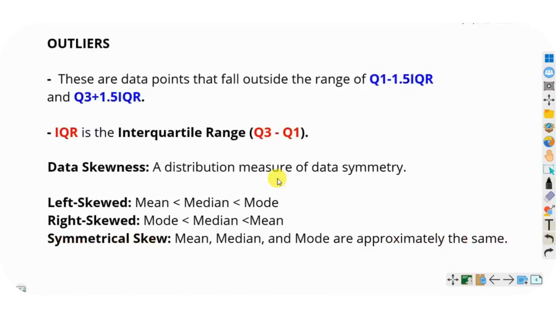Now we look at the outliers. Okay, so when you have a data set, there are often numbers that just stand out separately from the rest of the data.